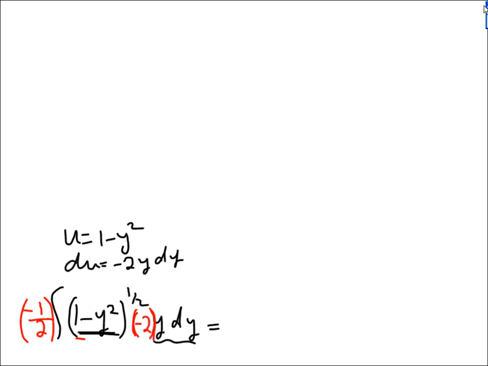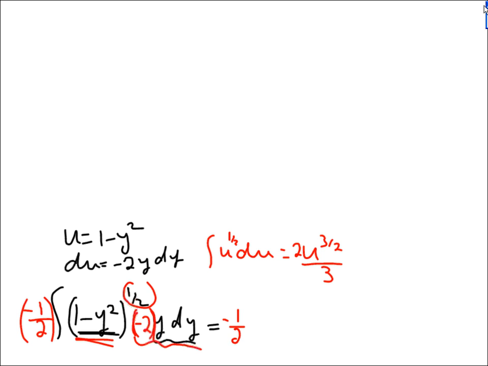So then, this is u to the half, and the rest is du. Well, the integral of u to the half du is u to the 3 halves divided by 3 over 2. So I get the negative a half in front, times 2/3 times u to the 3 halves.